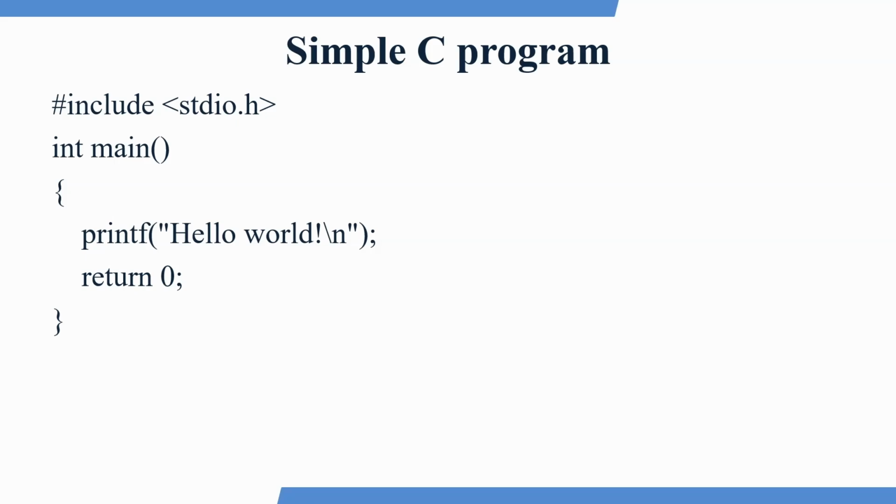Now let us see a simple C program. Every C program has a basic structure, and we should follow this structure to write programs. The first line of the basic structure is the header file including section.